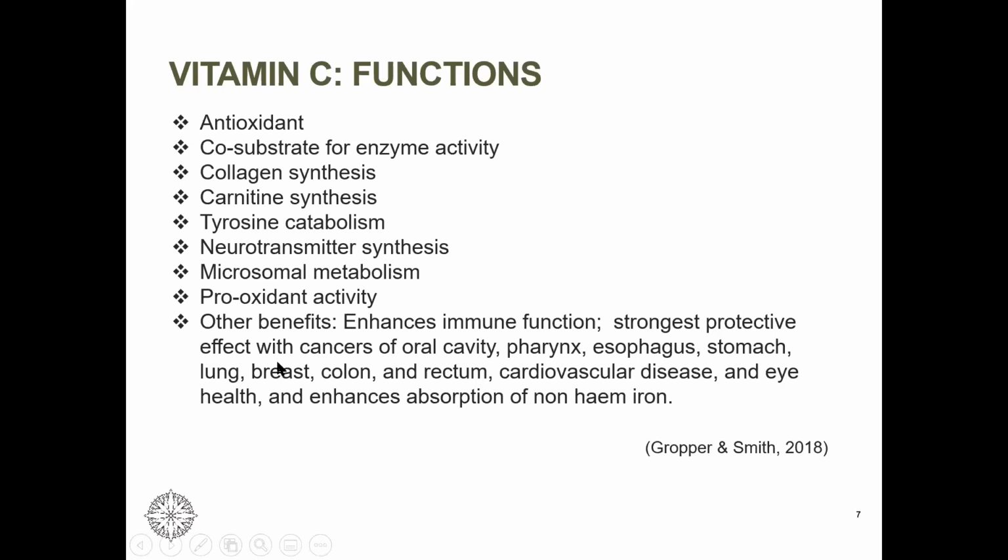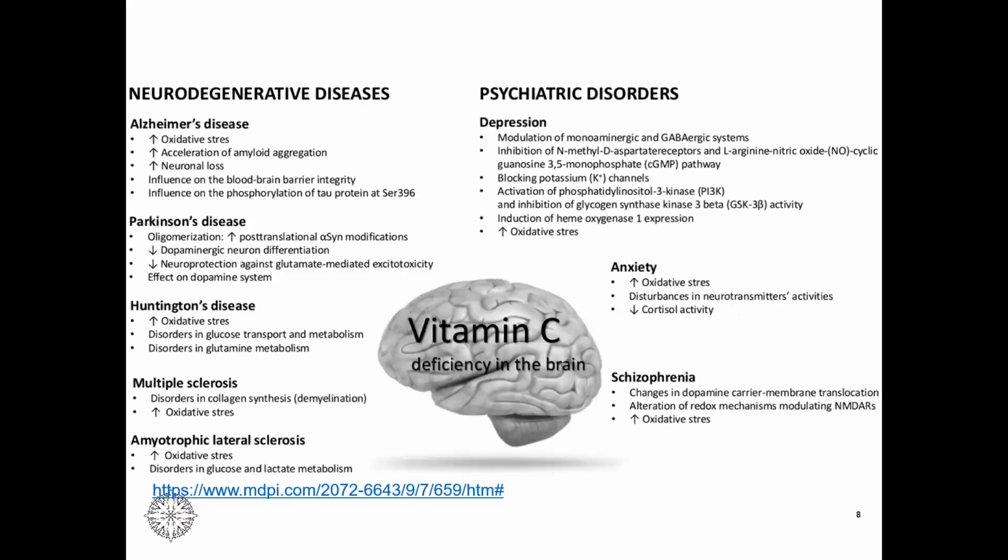So that's what's happening in the pro-oxidant activity. I've added this slide and I'll post this source on the Loop, on how important vitamin C is for brain health as well, and its deficiency can actually lead to any of these conditions.